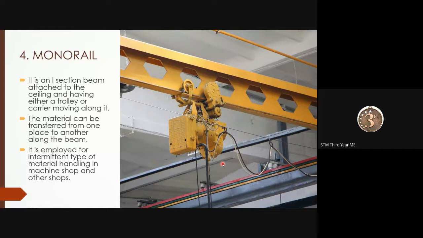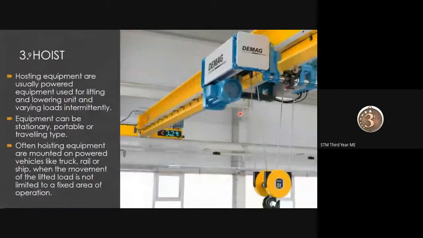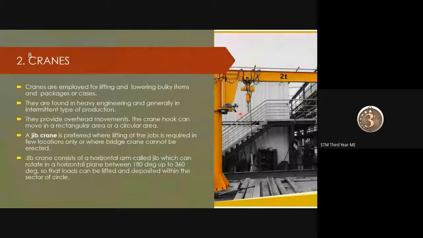This is also another application of cranes, but it is limited to only one direction, that is, horizontal movement, and its weight capacity is limited to smaller tons compared with hoists and cranes.